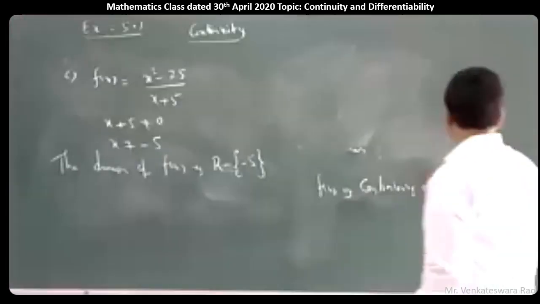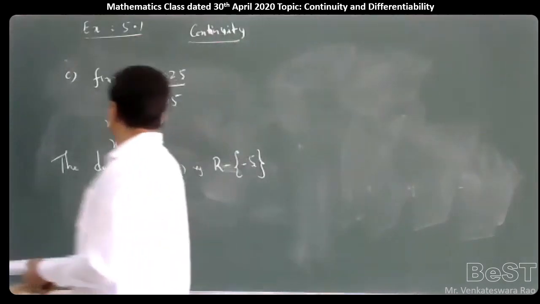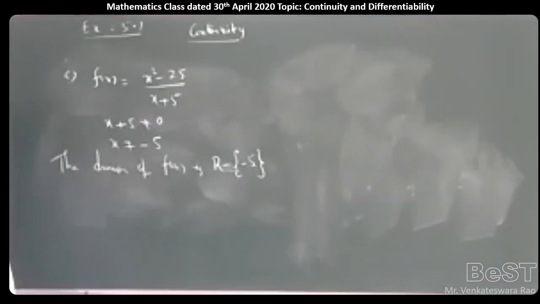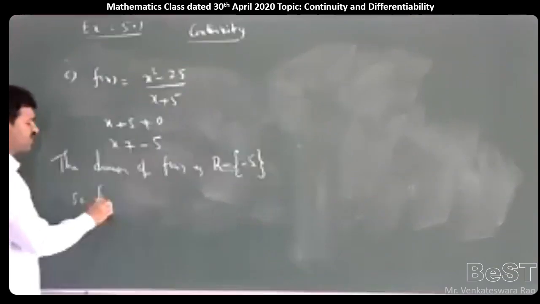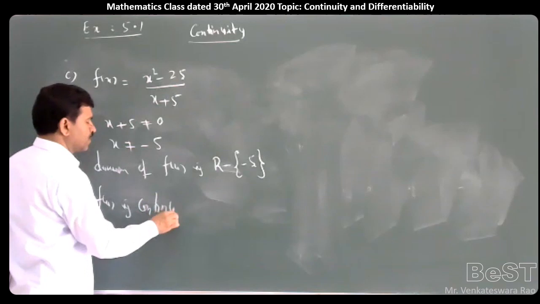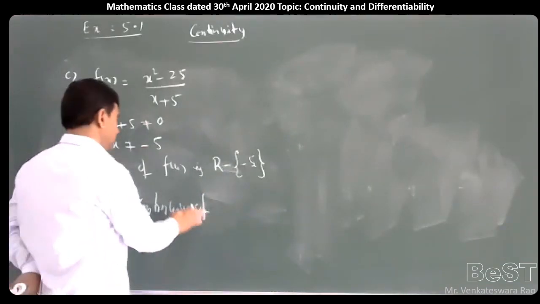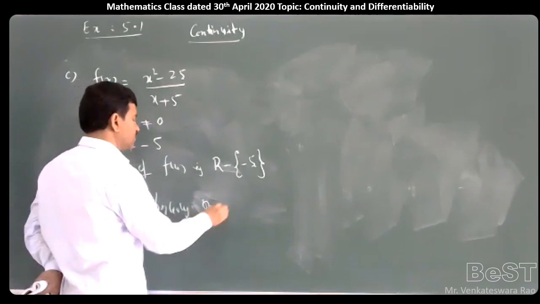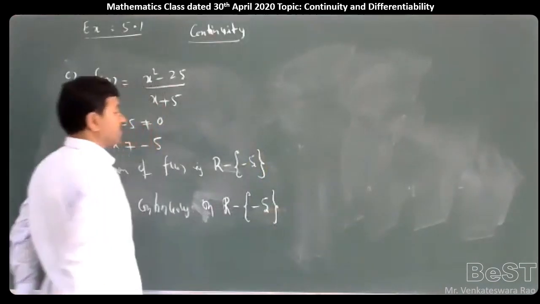So write the answer. So f of x is continuous on R minus {minus 5}. That's all.